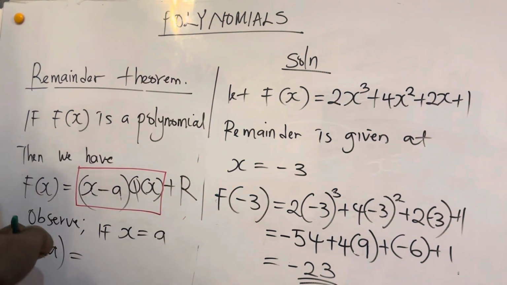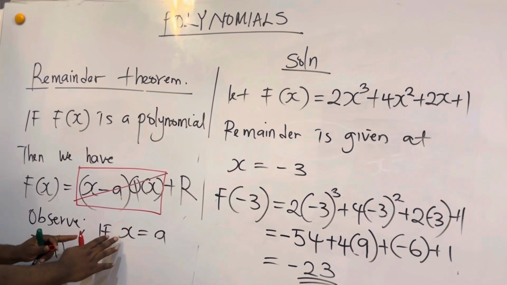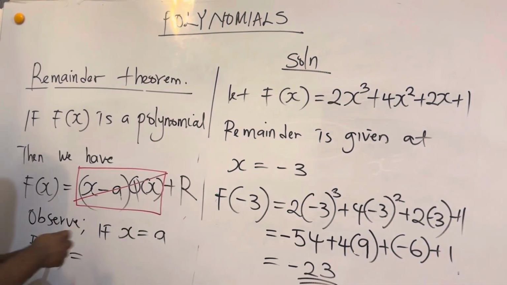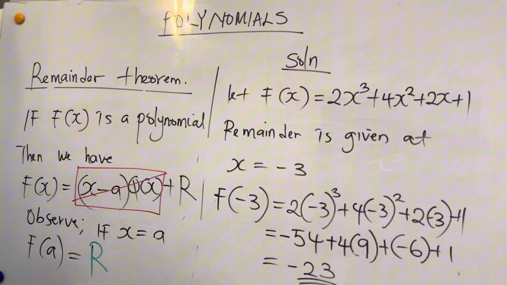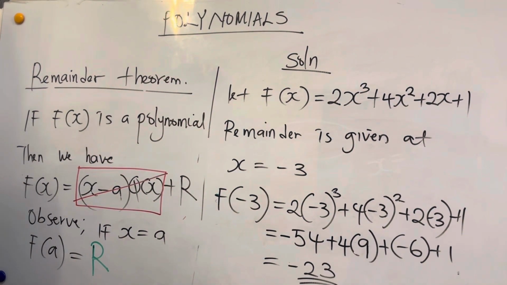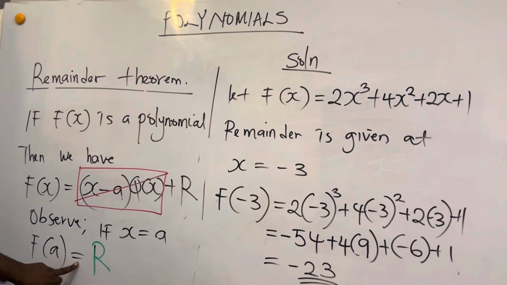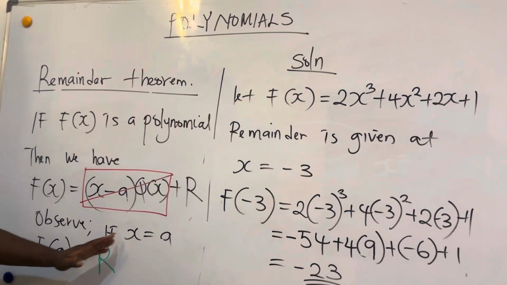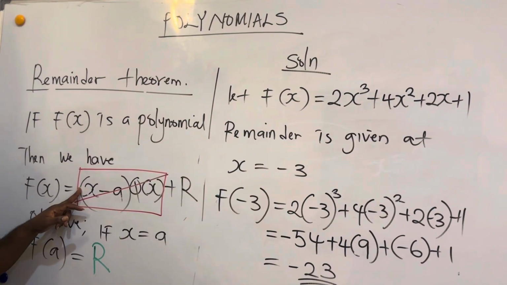When all of this goes out, I'll be left with just the remainder. So when x is equal to a, I'll have the remainder r, the remainder theorem. So whenever I put f of a, what I will have is the remainder when x is equal to a, for every linear divisor.